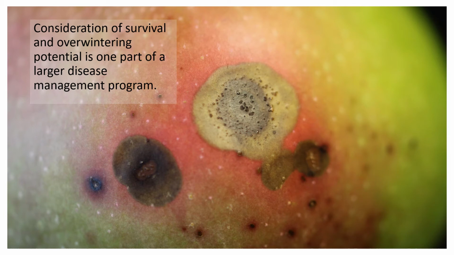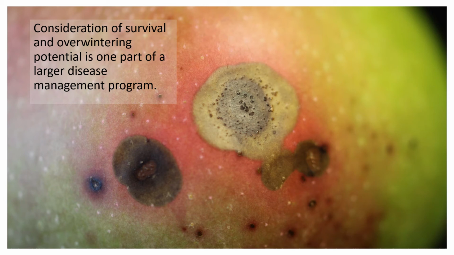So as we get to the end here, I really want to stress that it's important to know that survival and overwintering potential can be used as a tool to consider disease management, but that's not a tool that will stand alone. So using only sanitation to break that inoculum cycle, well, we're not going to hit that 100% mark.